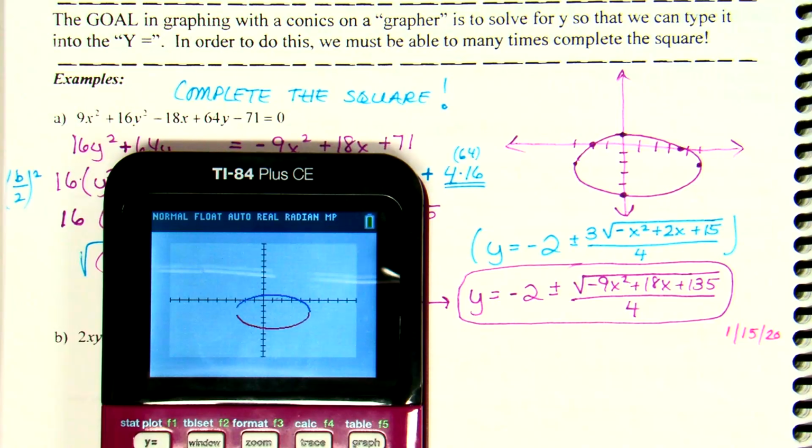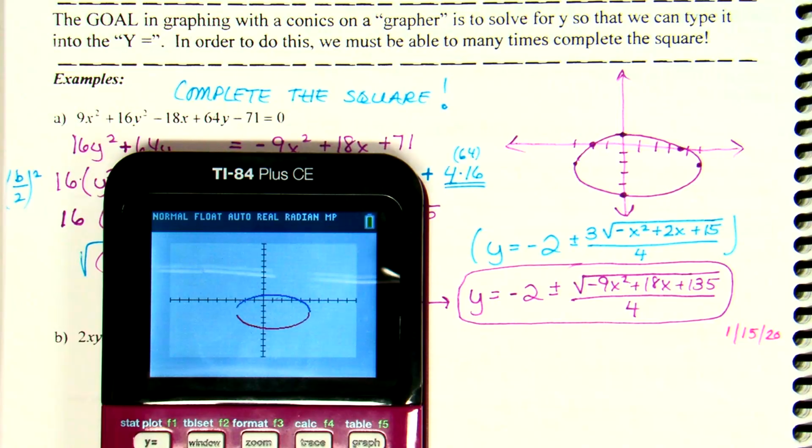2xy minus 9 equals 0. In order to graph this on the calculator, we're trying to solve for what? Y. How do you want to solve for y? Okay, add 9. So then I have 2xy equals 9. And then what?